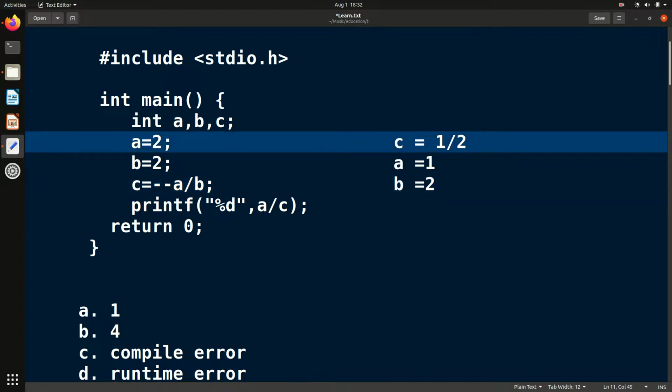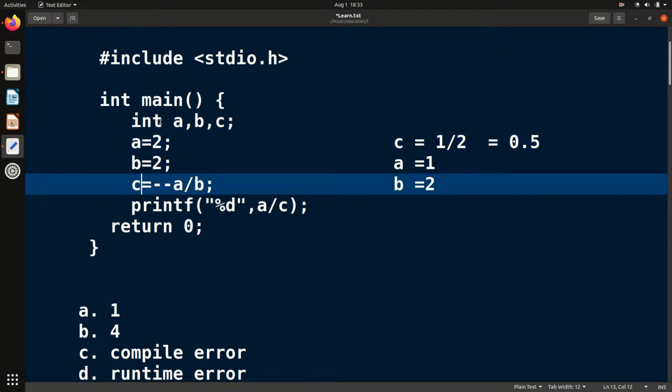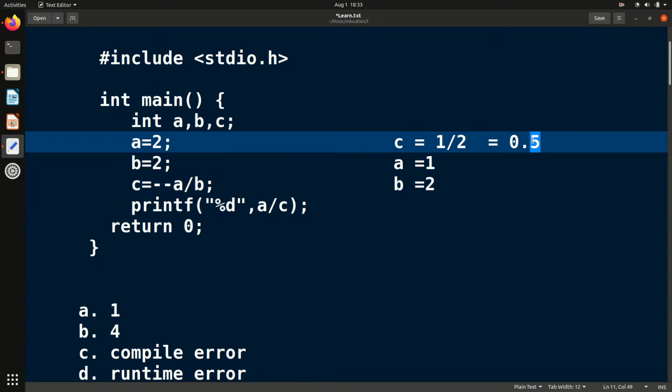Now the problem is, many of you might think that it will be 0.5, because 1 by 2 is 0.5, but since c is an integer, how can an integer store any decimal number?